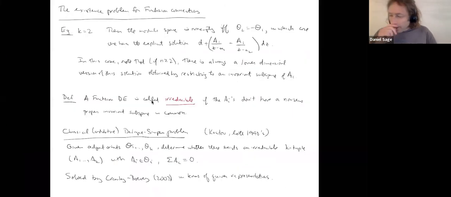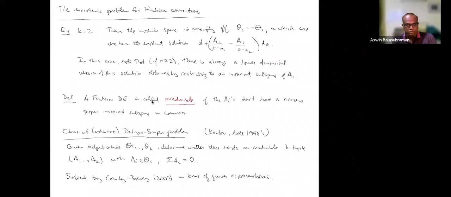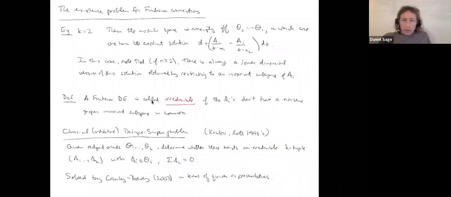Okay, so now let's talk about the existence problem for Fuchsian connections. And let's give a really simple example. Let's take two singular points. Then the moduli space is non-empty if and only if the two orbits are the negatives of each other. Remember, we're assuming that there's no singularity at infinity, so obviously that's necessary.